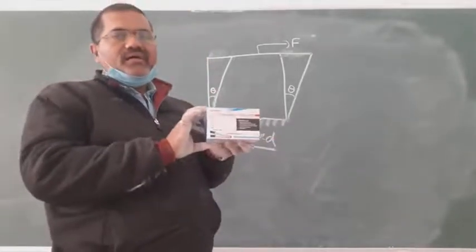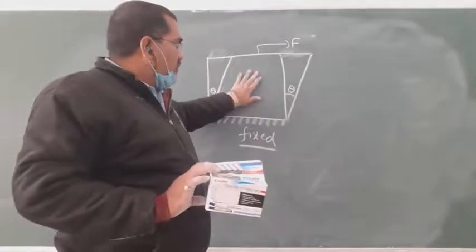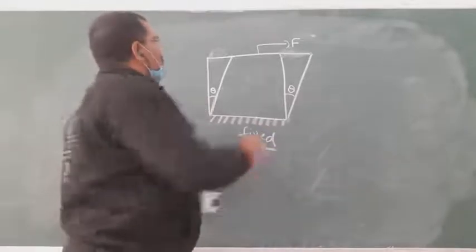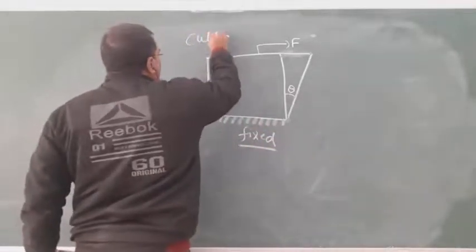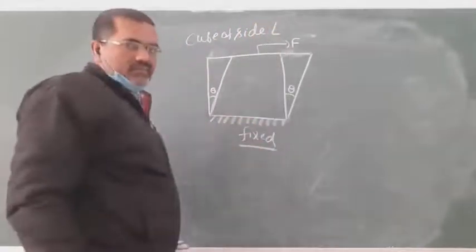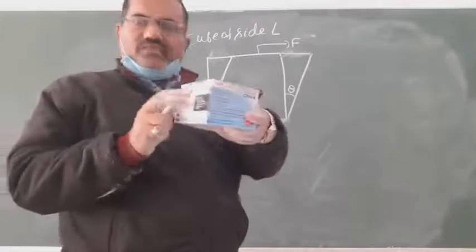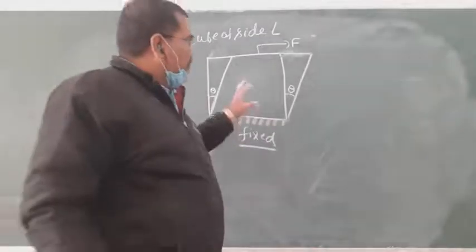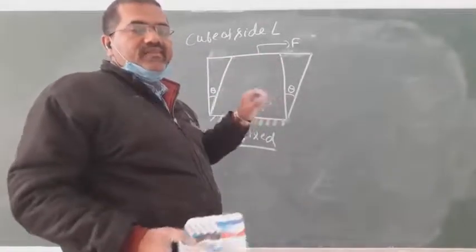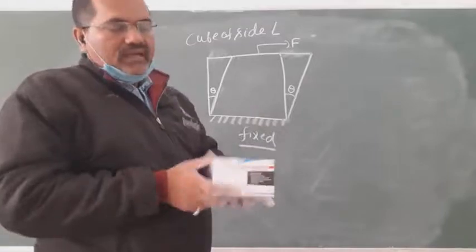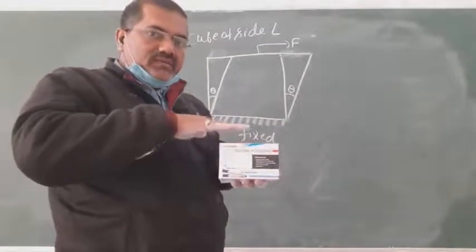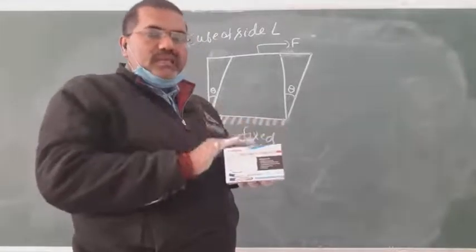This is a cuboid, but this body is taken as a cube of side L. The lower portion is fixed, and a tangential force is applied on the upper portion. So the shape of the body is changed.